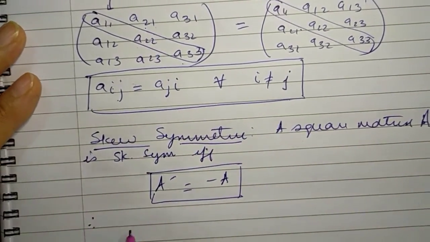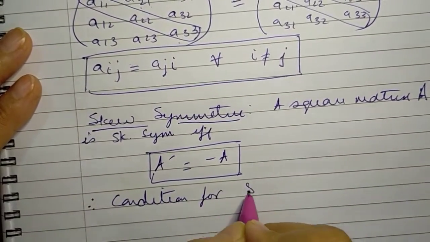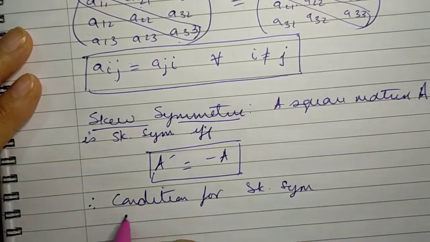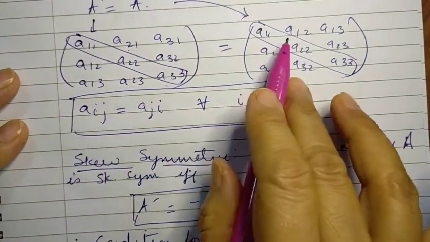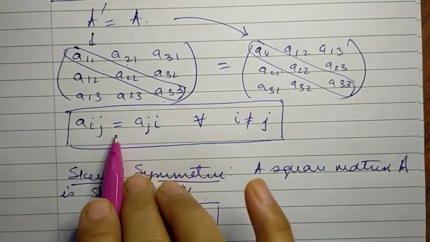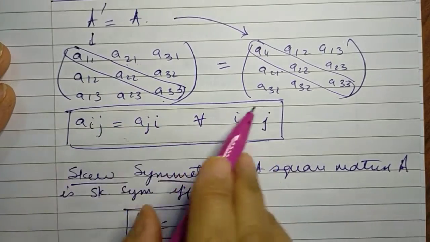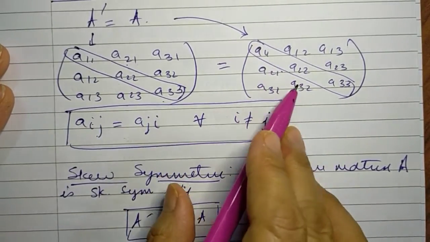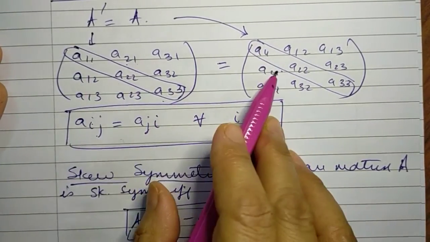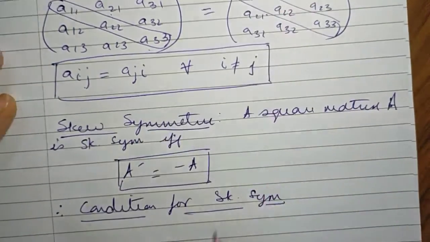How do we find the condition for skew symmetric? The elements in the mirror image position should be negative of each other. And what do we get for the elements in the diagonal position? Here they are equal, so each element should be equal to its negative. So how is it possible?